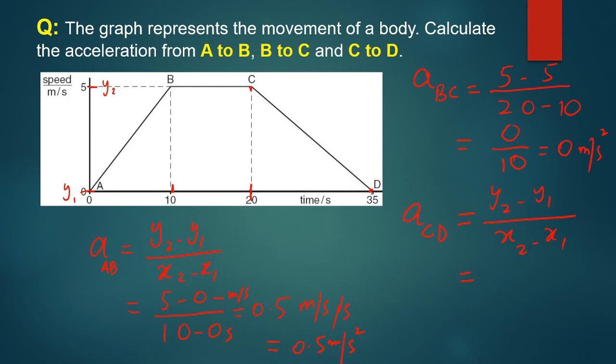The y2 here is 0, and y1, where the object started, is 5. And x2 is 35 and x1 is 20. So in this case, minus 5 over 15, that's going to be minus 1 over 3 meters per second squared. The negative sign shows that the object is decelerating.